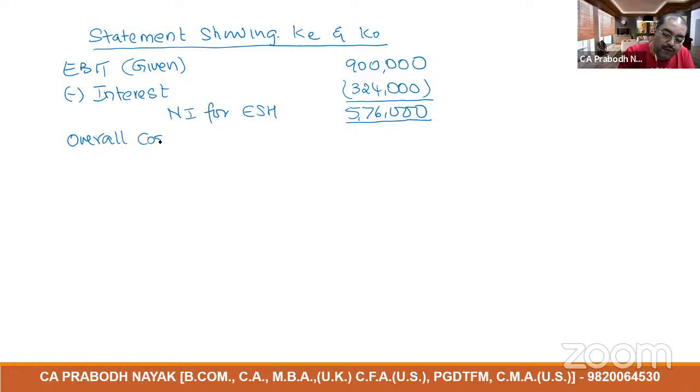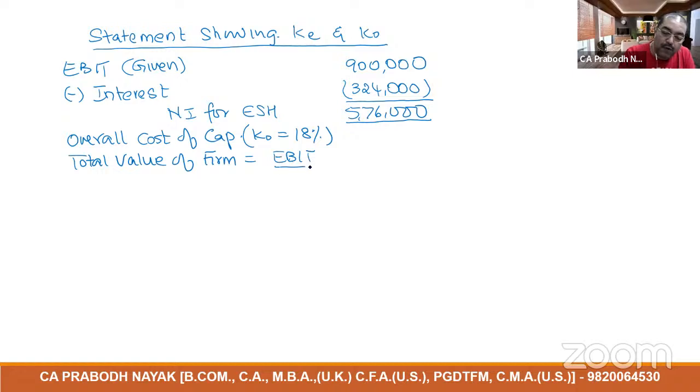Overall cost of capitalization, Ko. Suppose it is 18%. Total value of the firm is equal to EBIT upon Ko. What is EBIT? 9 lakhs divided by 18%.